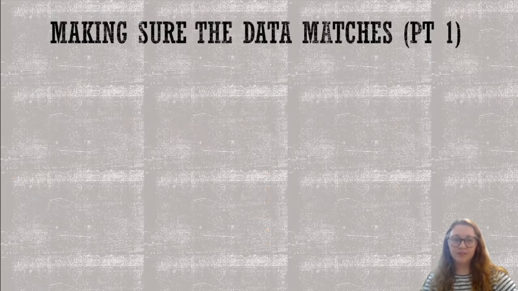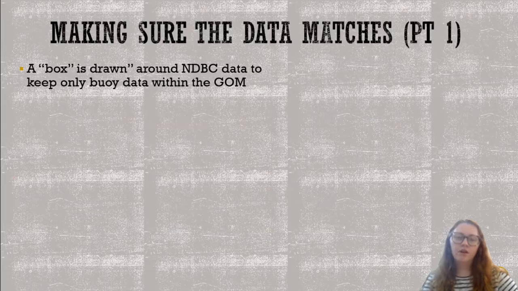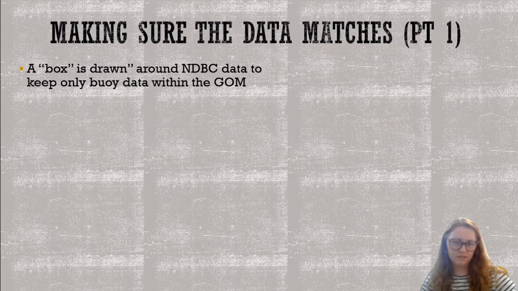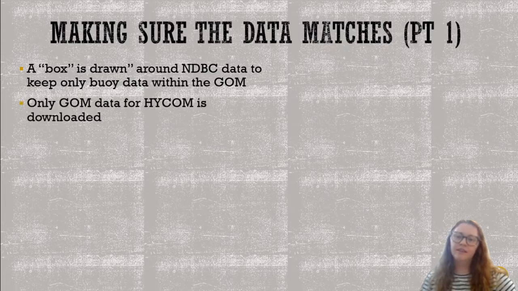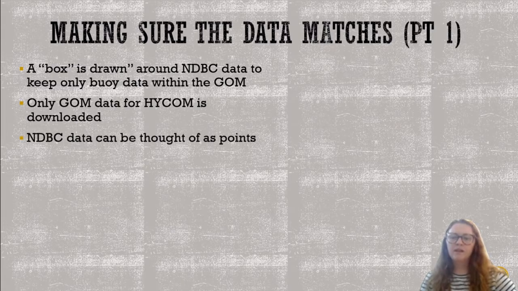So now we just have to make sure that the data matches correctly. First and foremost, a box, so to speak, is drawn around the NDBC data to only keep buoys that are within the Gulf of Mexico. And then thankfully, this link that I've created actually only downloads HYCOM data within the Gulf.